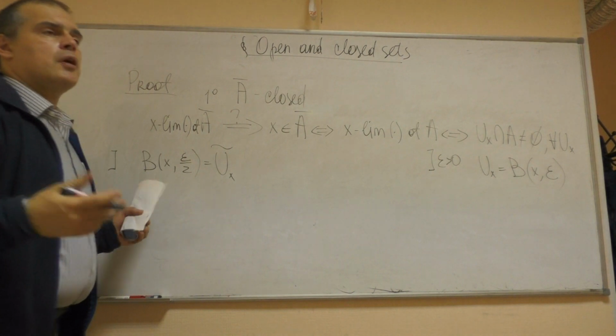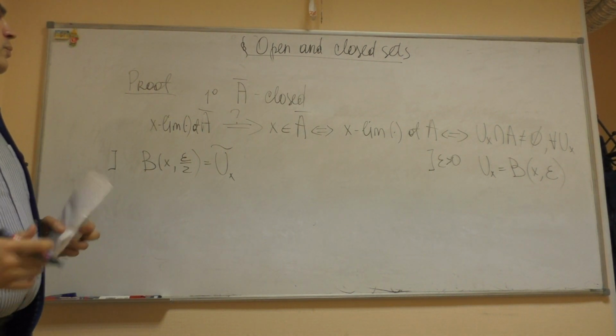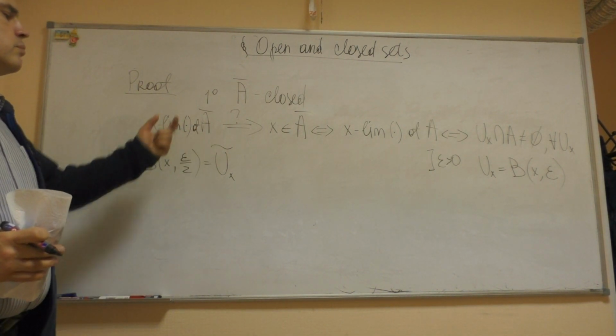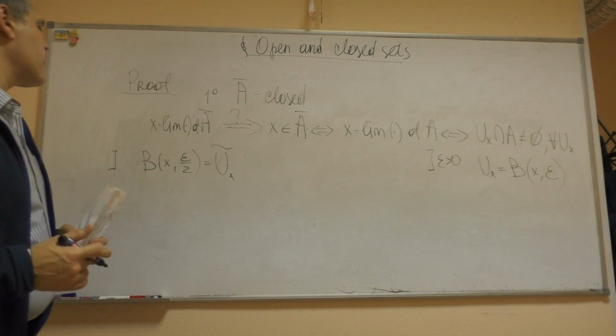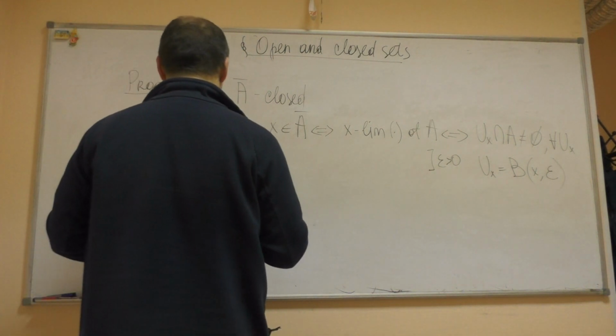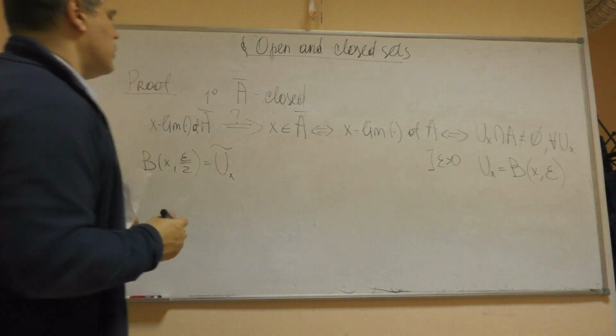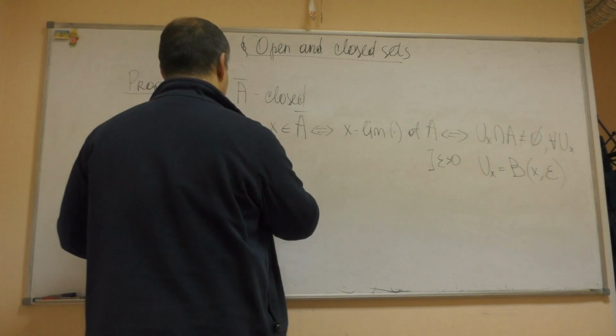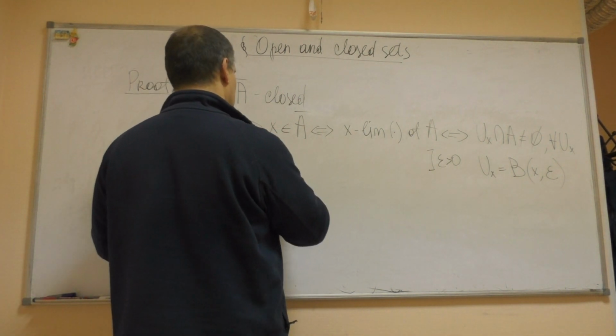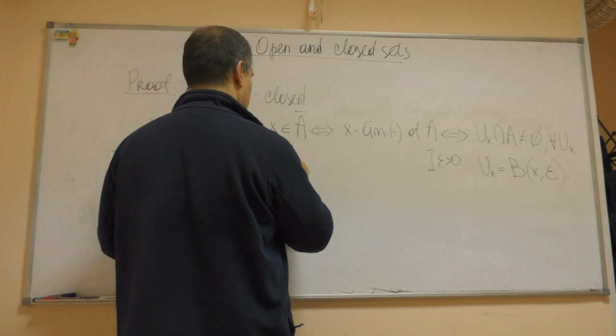It will be some other neighborhood of x. As x is a limit point of the closure, this neighborhood has a non-empty intersection with closure.